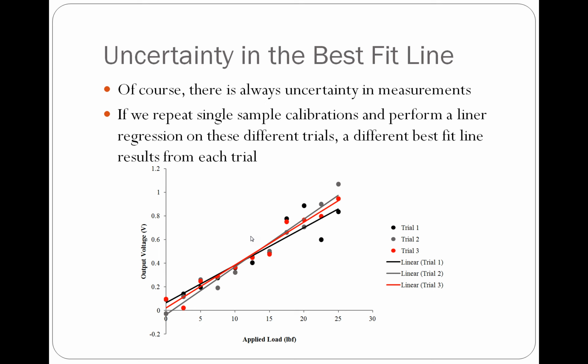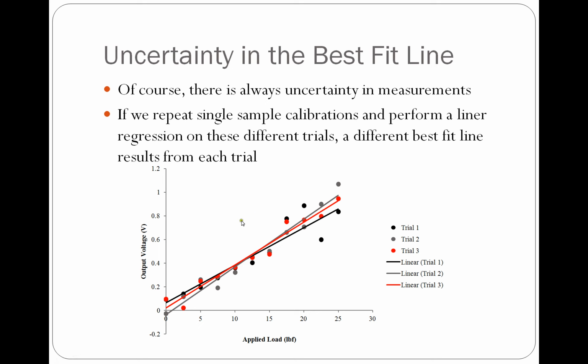Okay, now of course if we repeated this calibration a bunch of times, let's say we collected calibration data for 3 different trials. Trial 1, Trial 2, and Trial 3. Now, Trial 1 corresponds to the data points in black, Trial 2 is gray, and Trial 3 are the red data points. You can see that each time we repeat this calibration, we'll come up with a slightly different result.